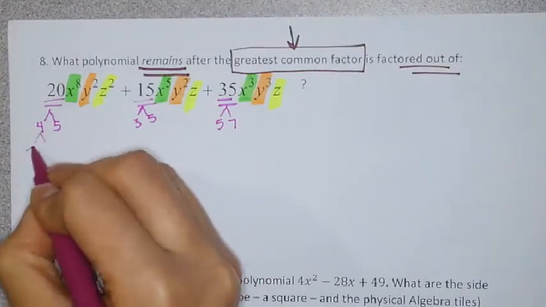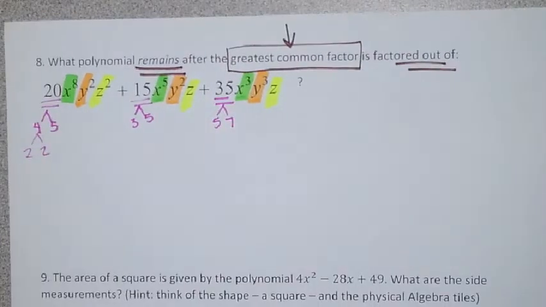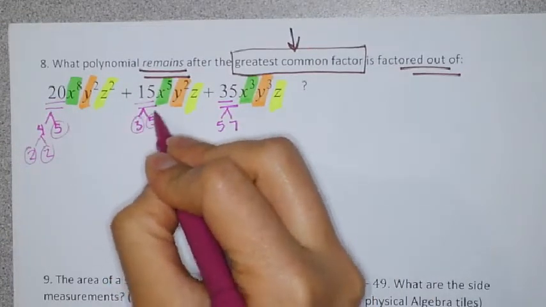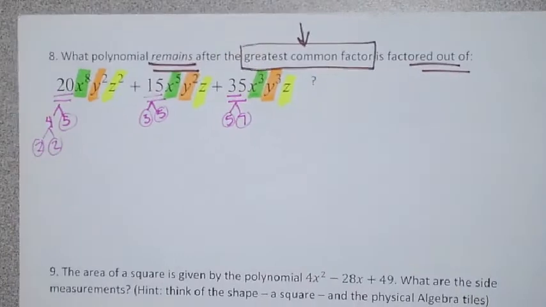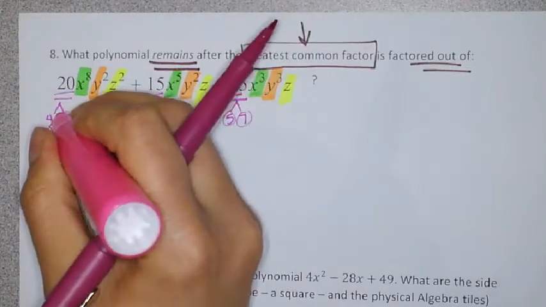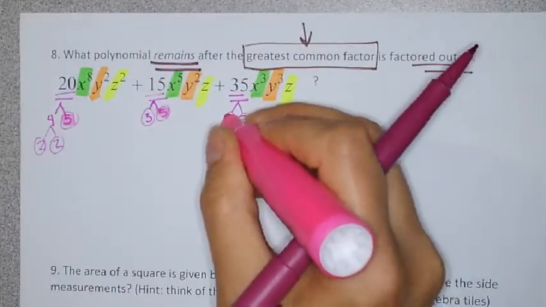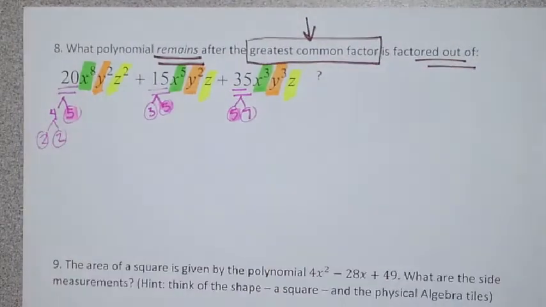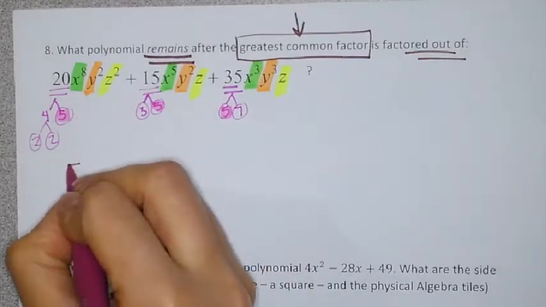This also has 2 and 2. Now that I've prime factored all of them, I can match to see which prime factors match in all of them. In this case, I see that all of them share that 5 and nothing else. So that means that 5 is my GCF.